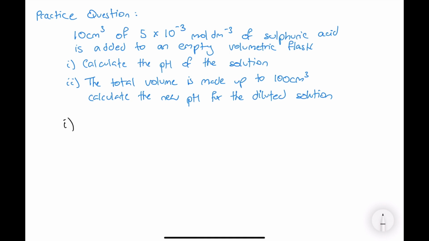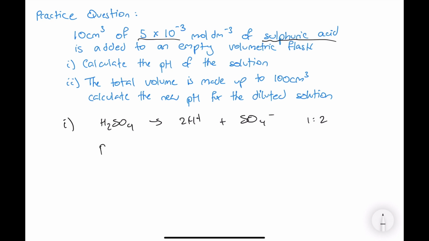So the very first one is really just inputting what we just learned into the formula. But I think the first step you should always do is to write out the dissociation equation of the acid, especially because we have sulfuric acid right here, which is diprotic. So let's write this out just so you won't miss the fact that it's diprotic, because we have the concentration of the sulfuric acid, and we can see that the ratio between the sulfuric acid and the hydrogen protons is 1 to 2.